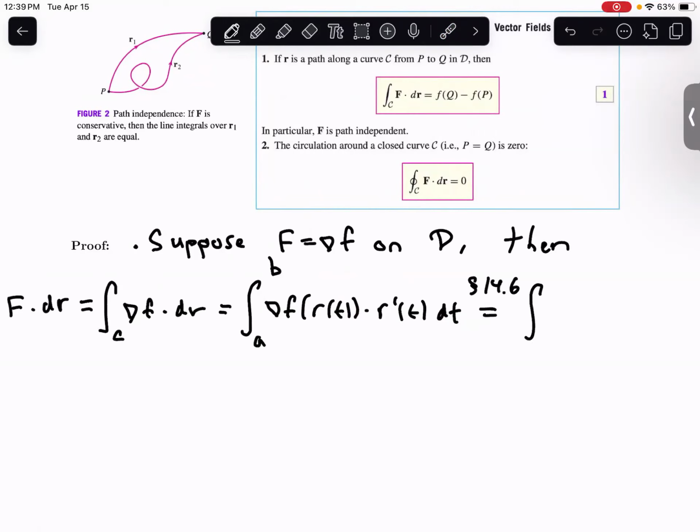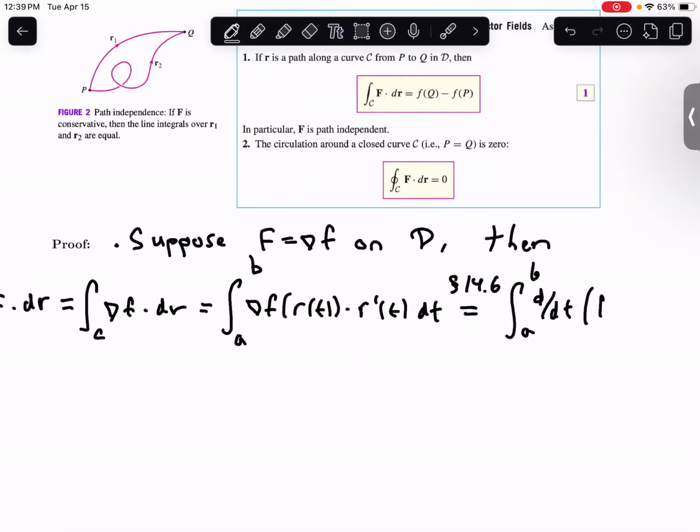Inside this integral, this is really the derivative with respect to t of f composed with r of t, dt. So this is kind of like the chain rule.